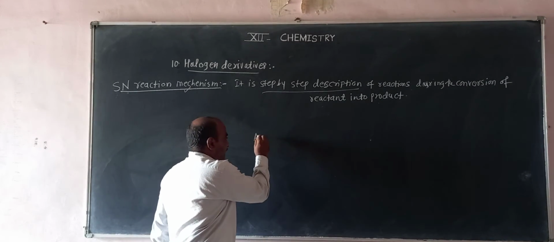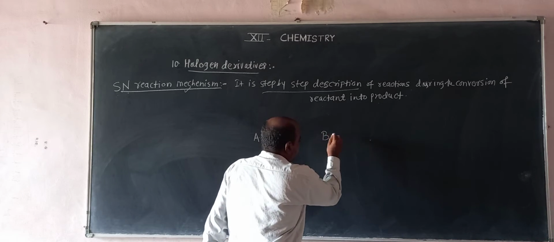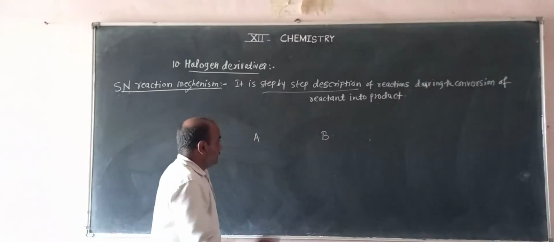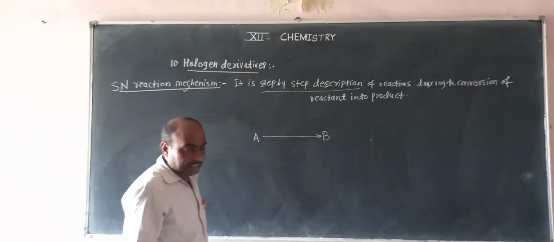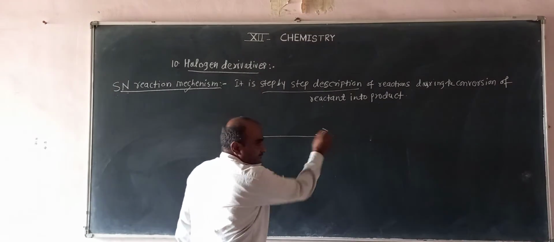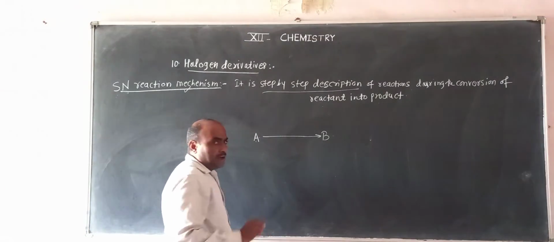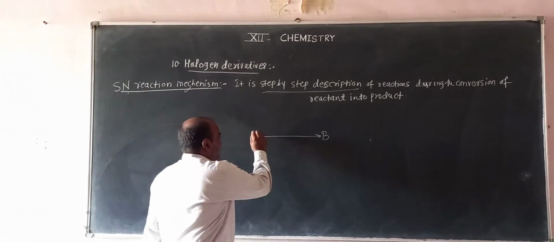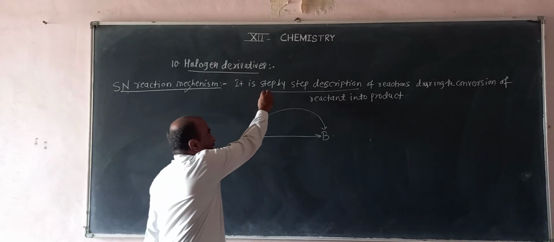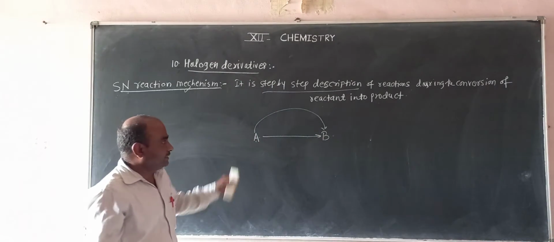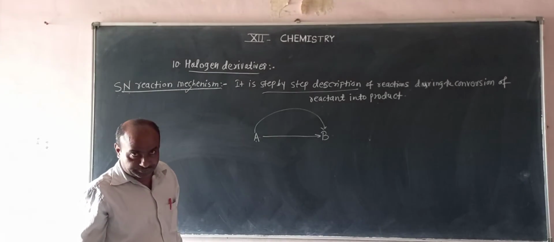Suppose this is the reactant A and this is the product B. Then the conversion of A into B, we call the reaction. How this A is converted into B by using several steps is called the mechanism.